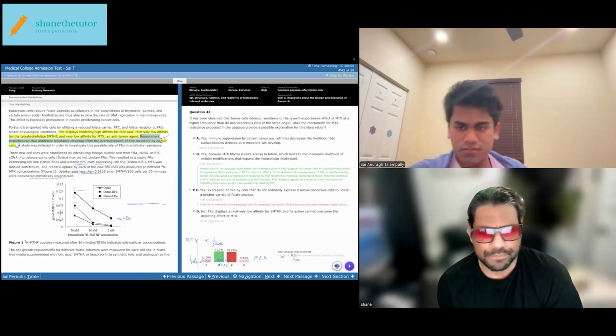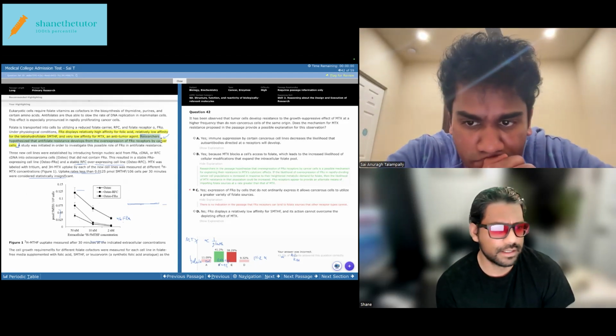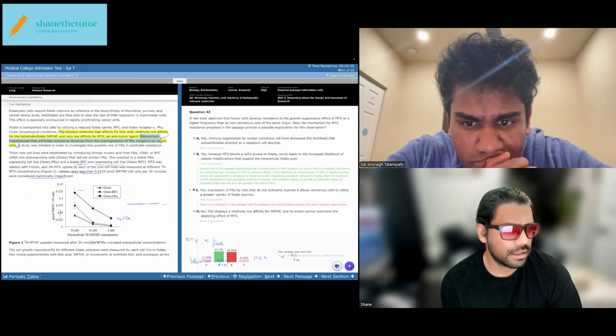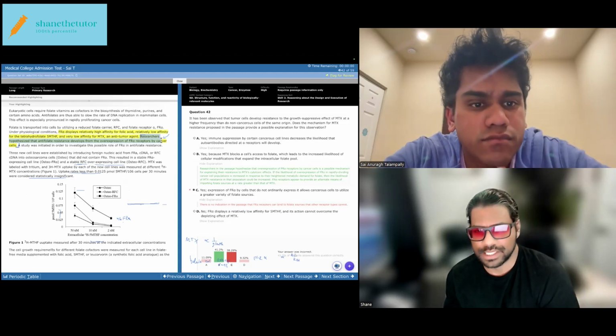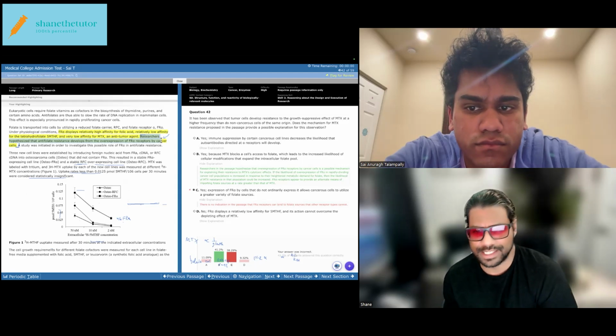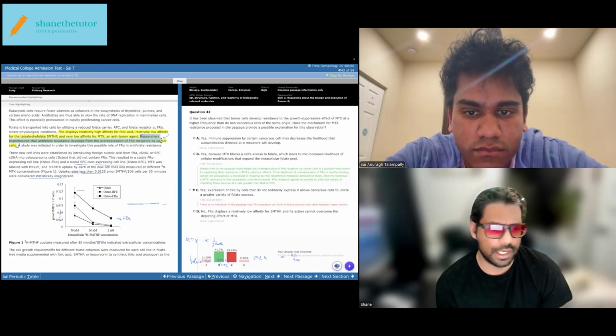So, okay, MTX blocks a cell's access to folate, which leads to increased likelihood of cellular modifications that expand the intracellular folate pool. Yes, expression of FR alpha by cells that do not ordinarily express it.